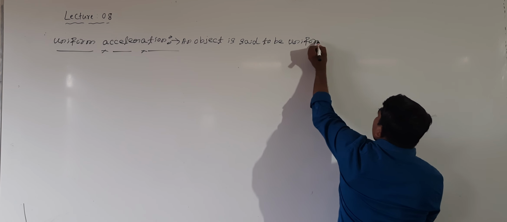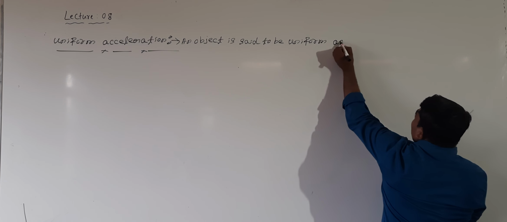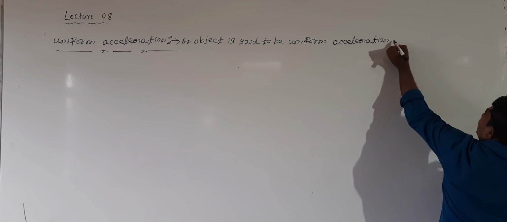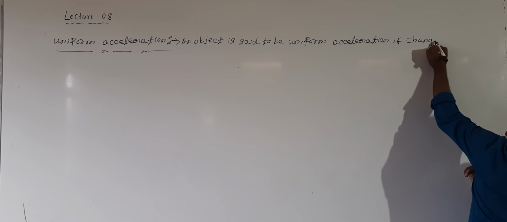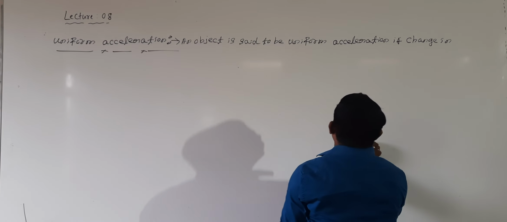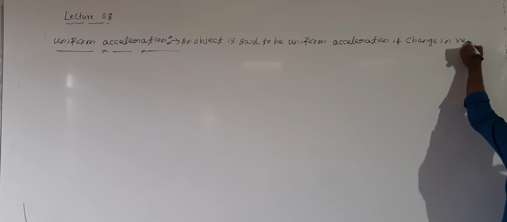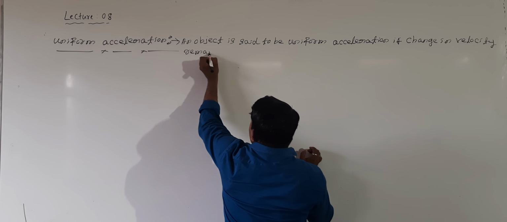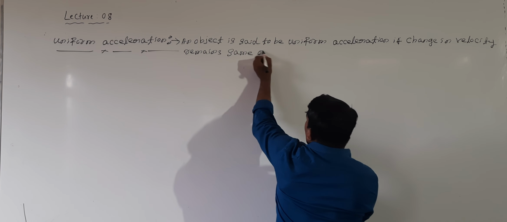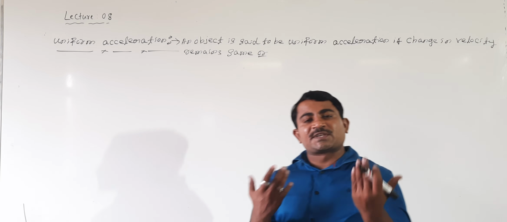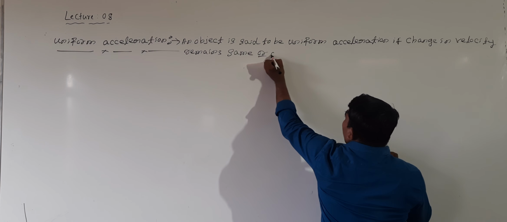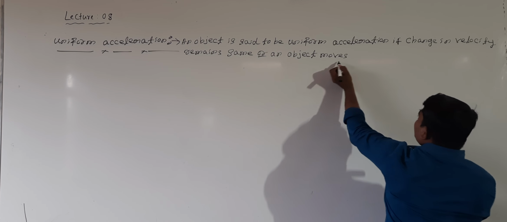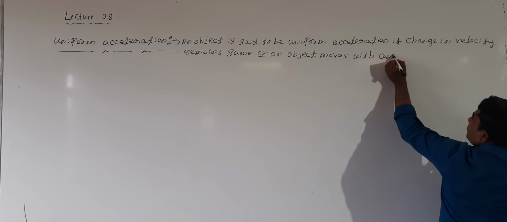An object is said to be in uniform acceleration if the change in velocity remains the same, or an object moves with constant acceleration.